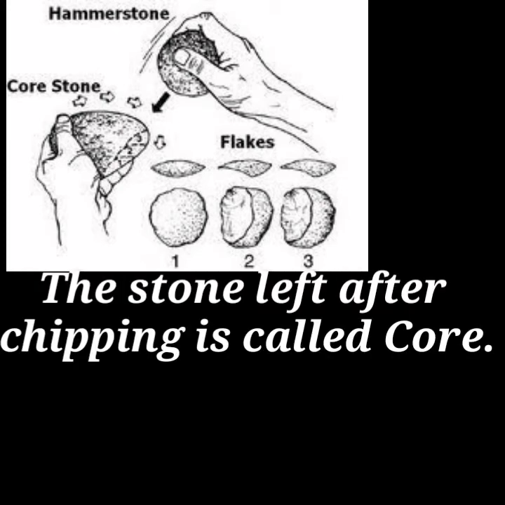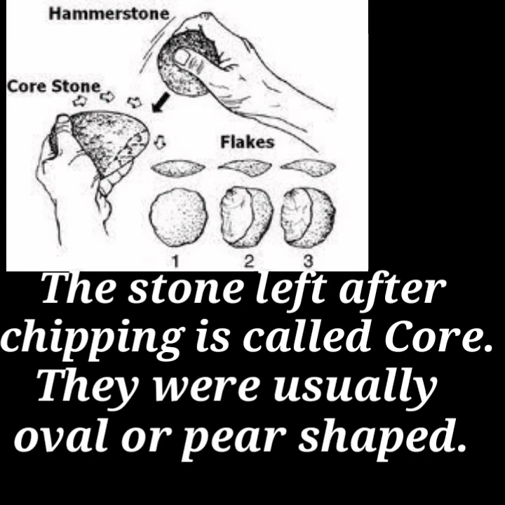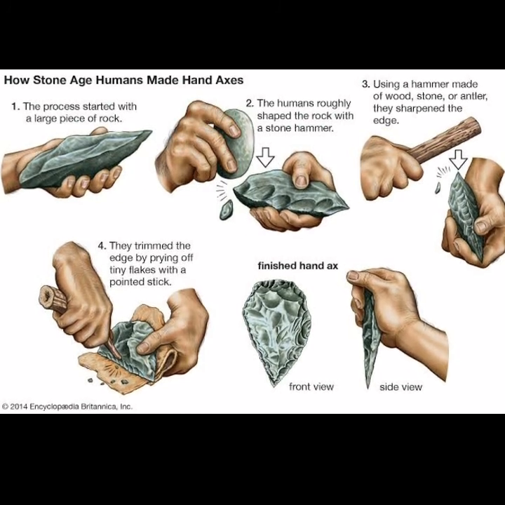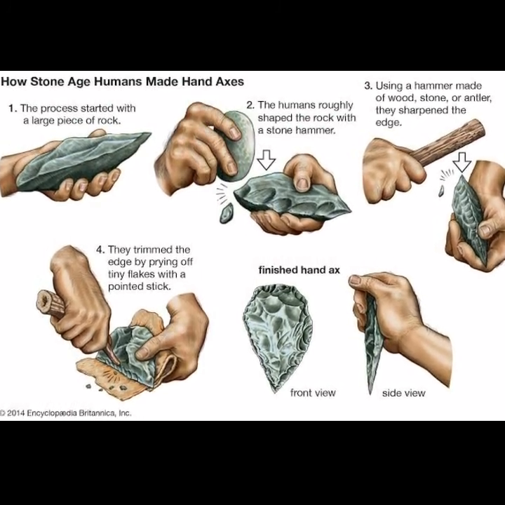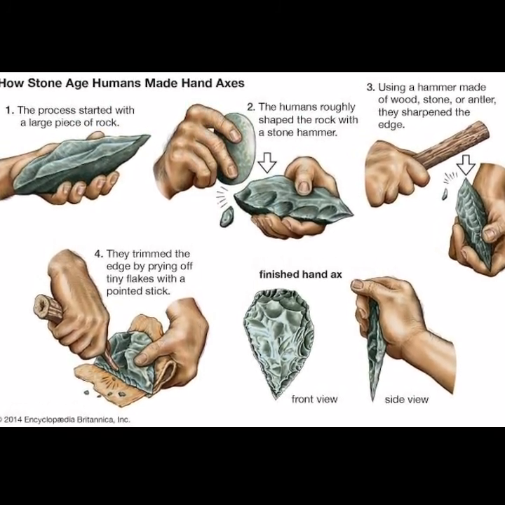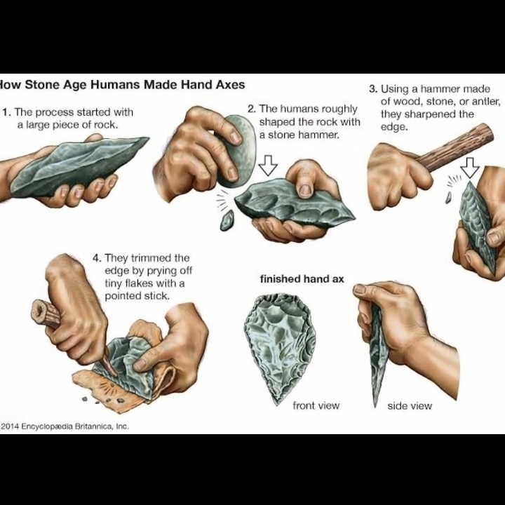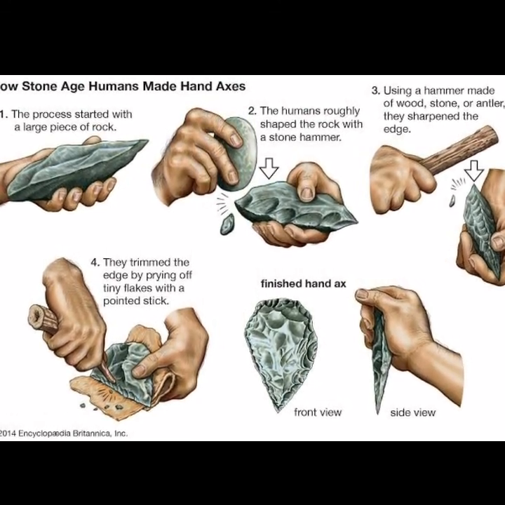The stone left after chipping is called core. They were usually oval or pear-shaped. The early man used them as hand axes for cutting trees, digging the earth, and breaking bones.